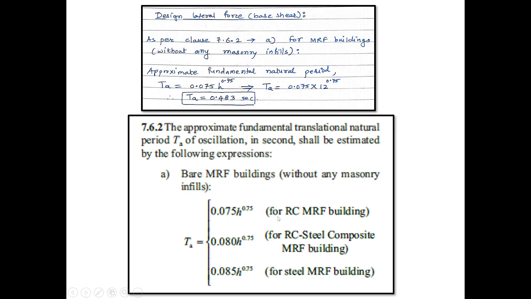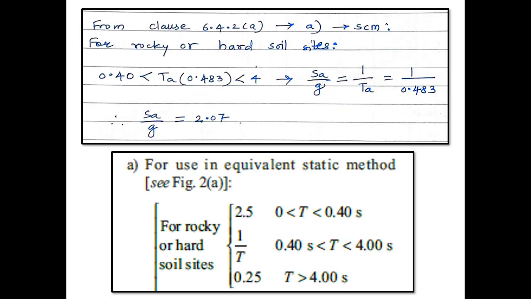So for RC MRF buildings, Ta is given as 0.075 h raised to 0.75, where h is the total height of the building. Therefore here the approximate fundamental natural period is 0.075 into total height of the building, 12 meter, 12 raised to 0.75. So Ta is 0.483 seconds.